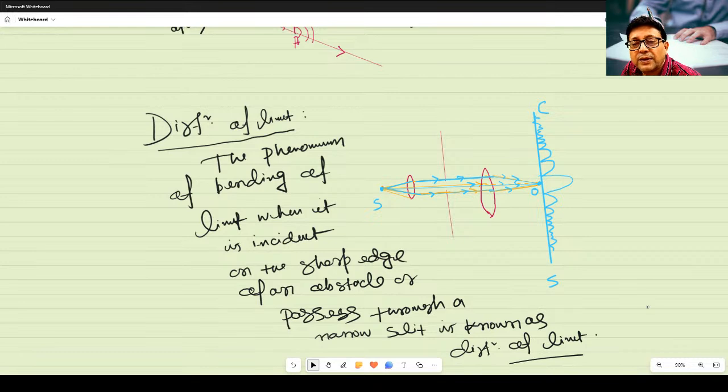Okay, this phenomenon of bending of light is known as diffraction of light.